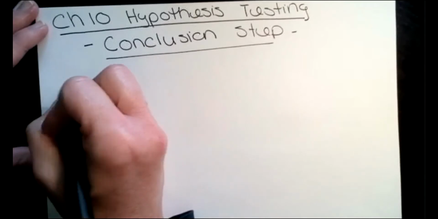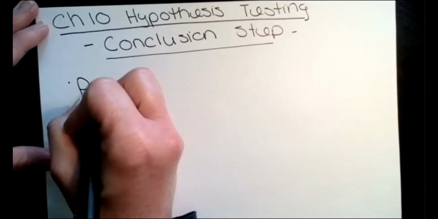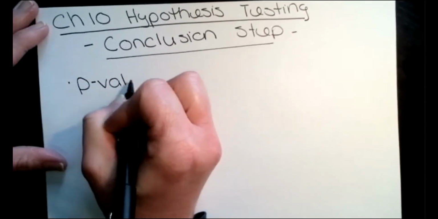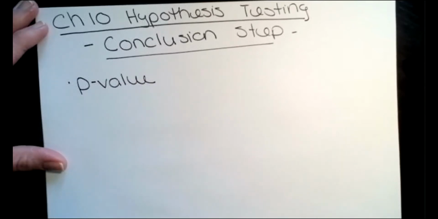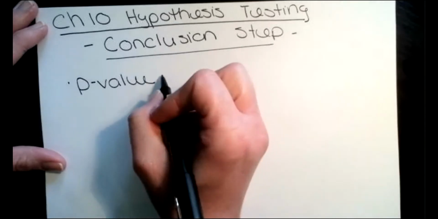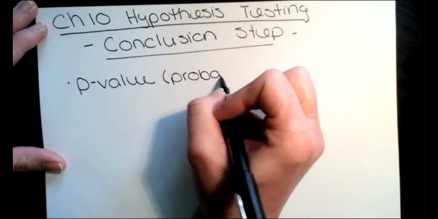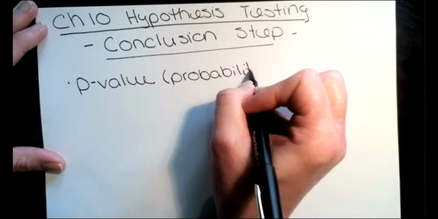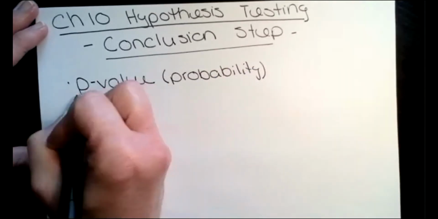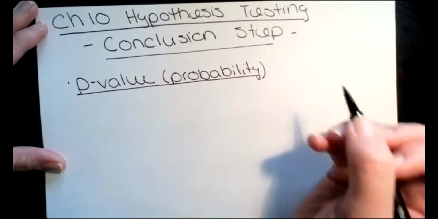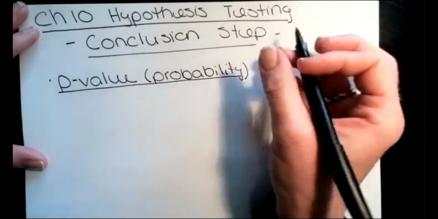So first, let's talk about the p-value. So we calculated this last class, our p-value, and I told you that the p-value is the probability. Right? So that's the area in the tails that we're calculating.